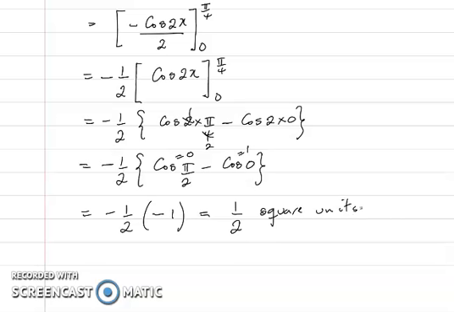All right. So again, the area bounded by the curve y is equal to f of x, the lines x is equal to a, x is equal to b, and the x-axis is equal to the integral from a to b of f of x, and of course you're integrating with respect to x.